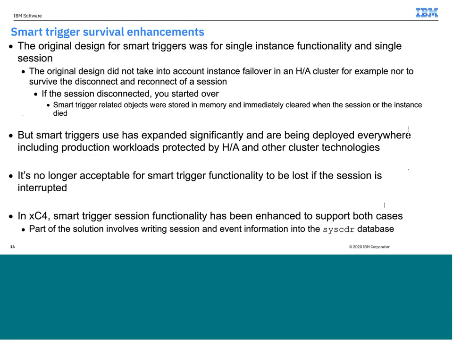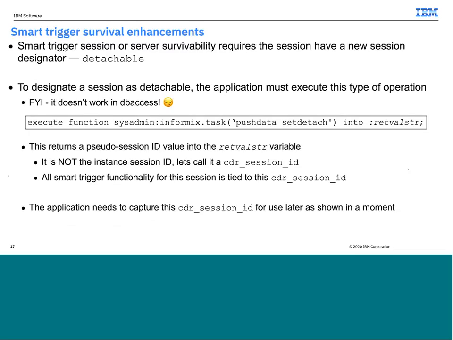We are now going to be persisting some session and event data in the Cdr database so that you can read this even if we have to flip over to another instance. What we call smart trigger session or server survivability requires a new session designator when you turn on your smart trigger, and it's a flag called Detachable.